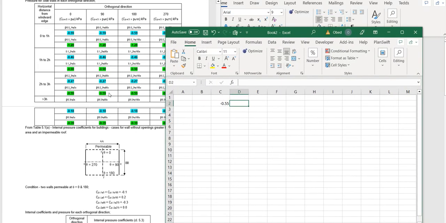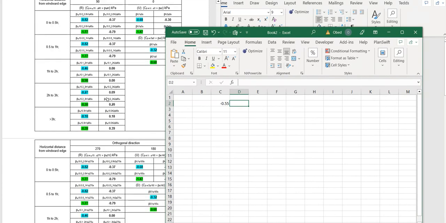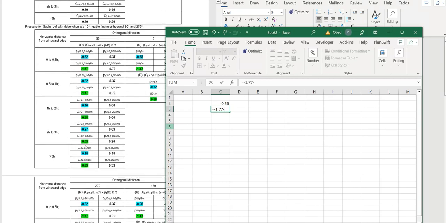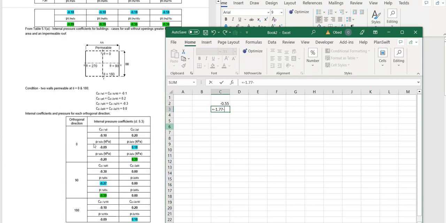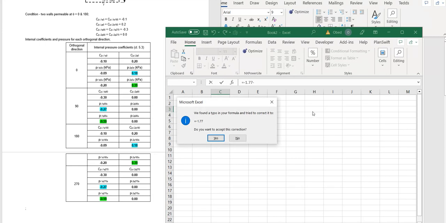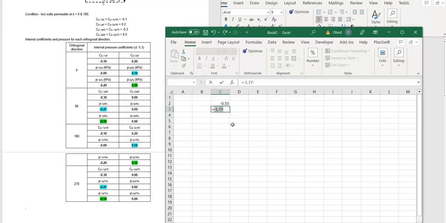Similarly, for ultimate limit states, negative 1.77, which is my external pressure, then subtract my internal pressure for ultimate limit states at wind 90-degree, minus negative 0.59.